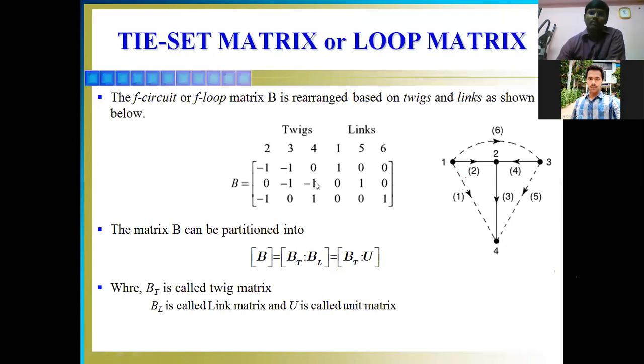You can check that your link matrix should be a unit matrix for a fundamental tie-set matrix. If your link matrix is not a unit matrix for a fundamental loop matrix, your tie-set matrix is wrong.